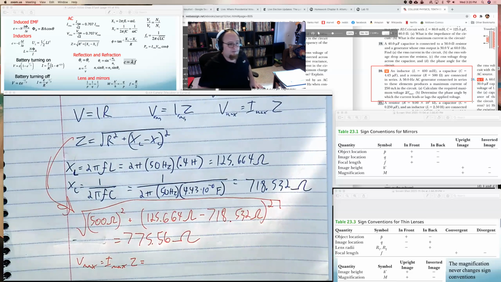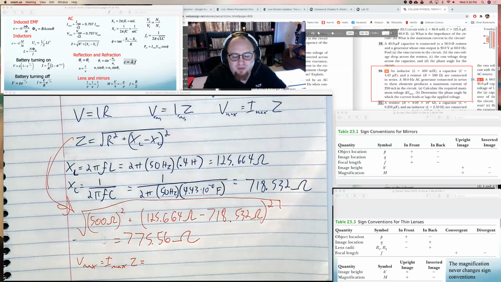One of the things about these problems in general is they really are just plug and chug. If I want to get fancy and tricky, it's probably going to be something like, is the current leading the voltage, or is the voltage leading the current? That's as tricky and fancy as I get.